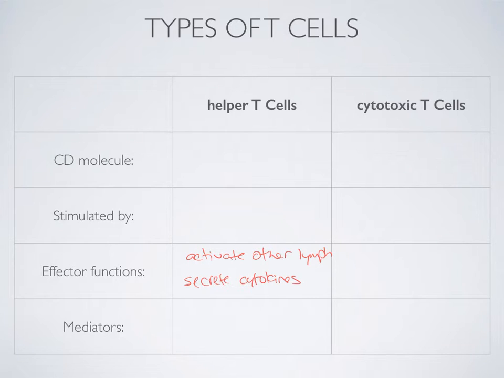So they can help activate macrophages. So there's crosstalk between T helper cells and the innate immune system. And then they can help activate B cells, they can help activate T cells. So their main job really is communication within the immune system, both between the innate immune system and the adaptive immune system. What do the cytotoxic T cells do?